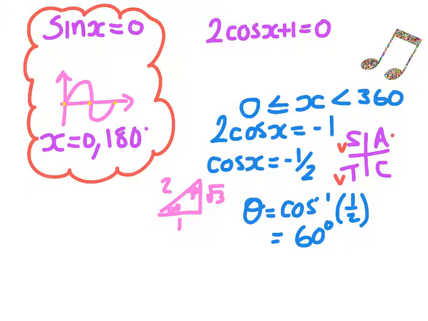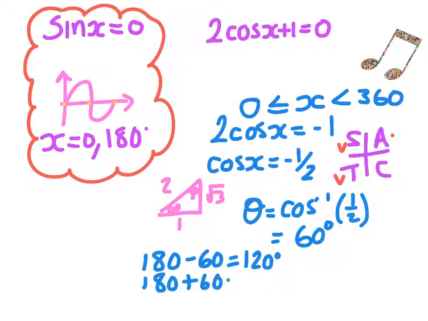And we're going to use that to find the 2 values that we're actually interested in here. So 180 take away 60 is 120. That gives us quadrant 2. And 180 plus 60 is 240, and that's quadrant 3.